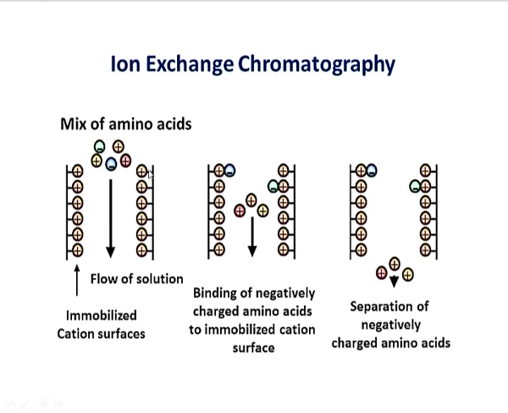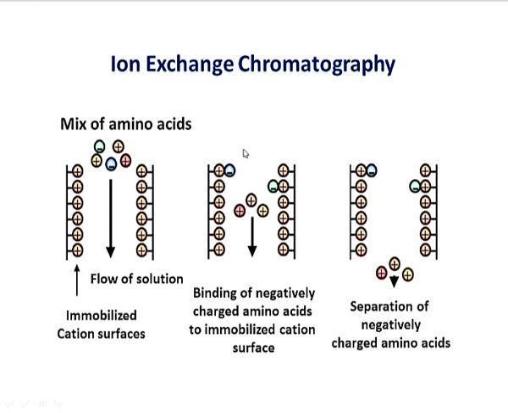Now your solute, which would contain a mixture of cations or anions or other charged particles, would go through this stationary phase. As you know, opposite charges attract each other.